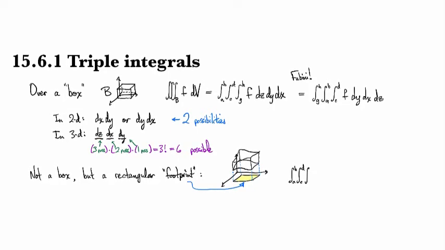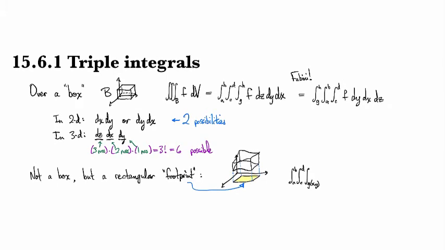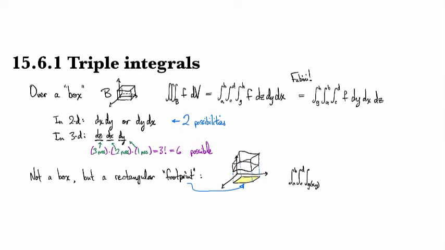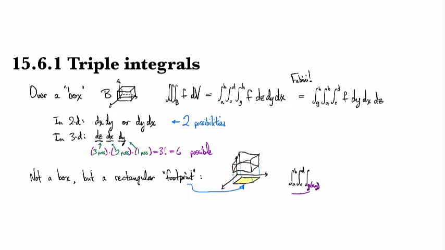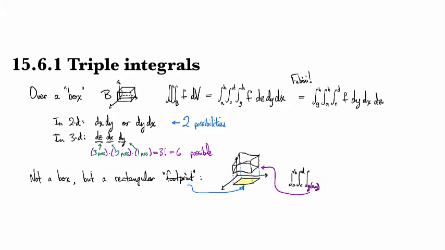So we've got the lower function, let's call it g of xy. Let me just do it in purple, g of xy. And g of xy is going to be this surface on the bottom.